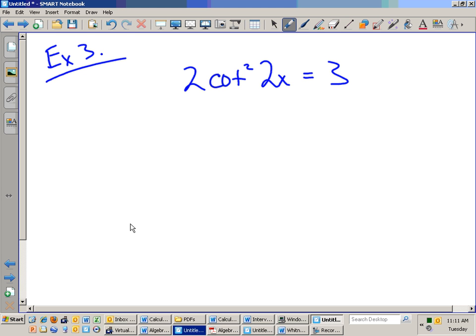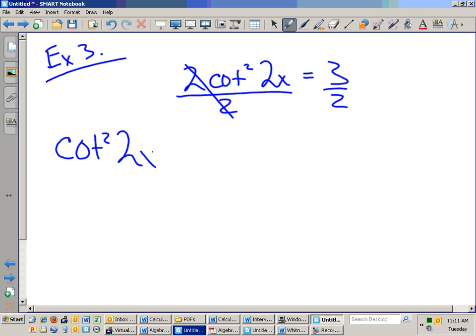What makes this problem unique from the others? I have a 2x. So that's like a double angle formula. So you might say, well, I should insert a double angle into there. Well, we don't really need to do that. What we can start out with is just dividing this 2 off. And I get cotangent squared of 2x is equal to 3 halves.